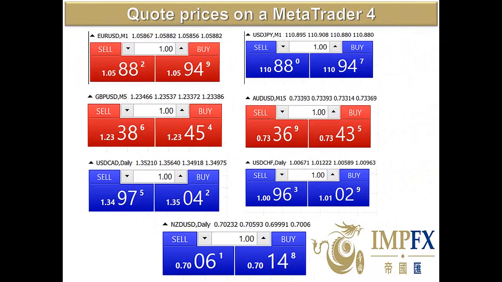Looking at the MT4, this is what the symbols look like, with the sell and buy, and also in the middle you can see here is one lot. Looking at the top left, you can see the euro trading at 105.8894.